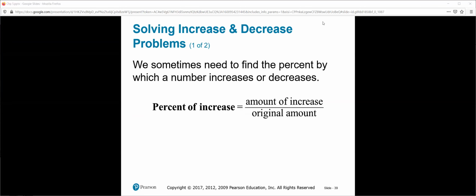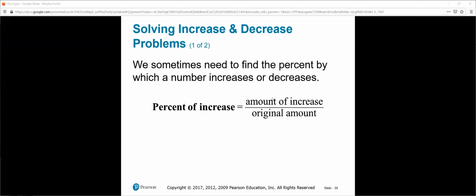There we go. More problems, solving increase and decrease problems. We sometimes need to find the percent by which a number increases or decreases. Again, lucky for us, we have a nice equation here. Percent of increase is the amount of increase over the original amount.